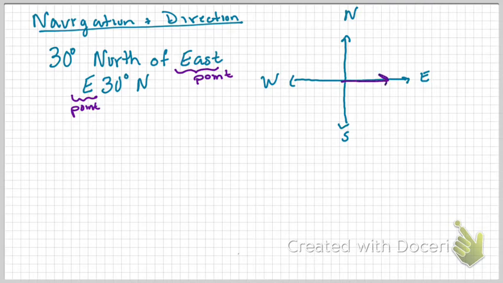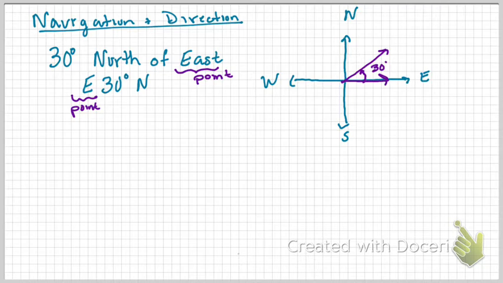That would be due east. From due east, they're going 30 degrees towards the north. So they'd turn this way, that's towards north from due east. And that angle would be 30 degrees.